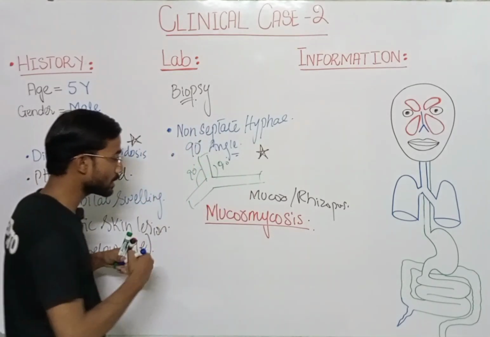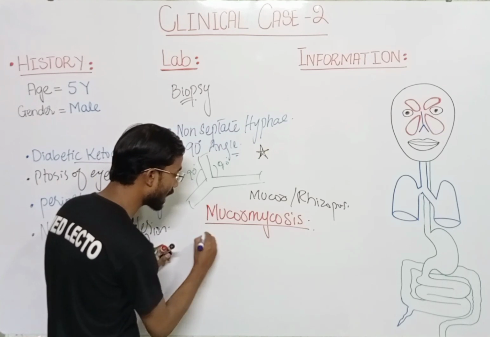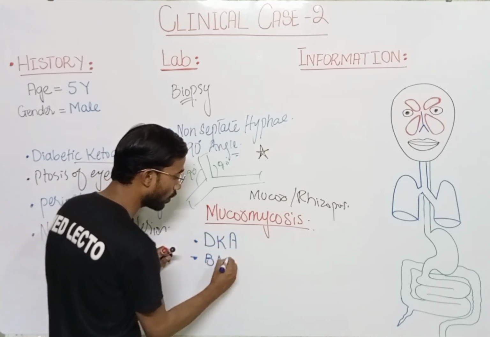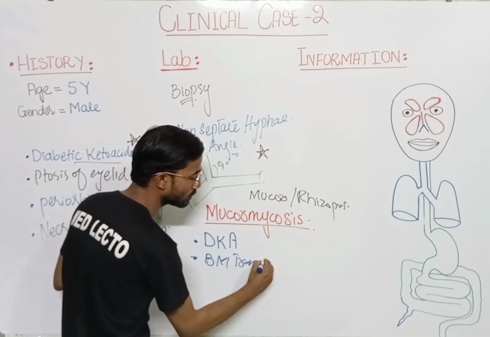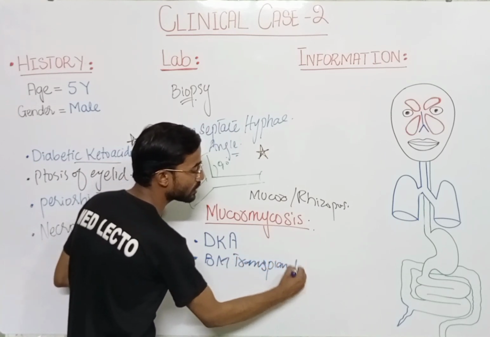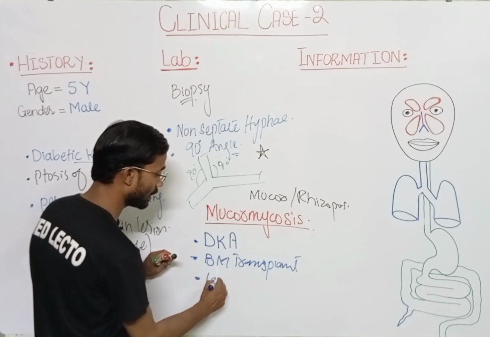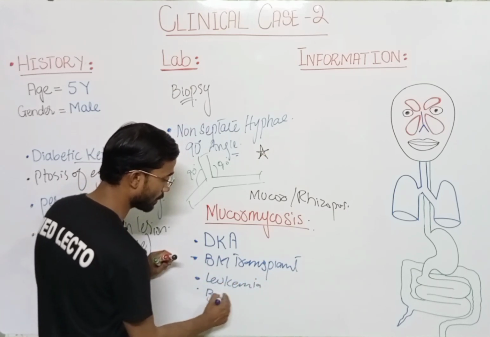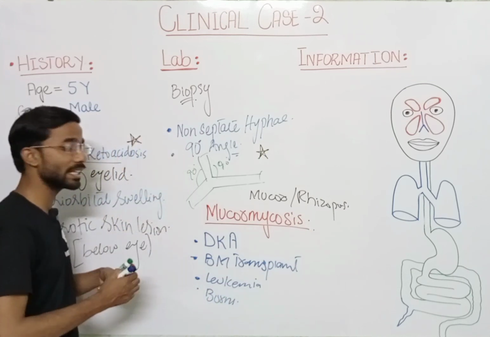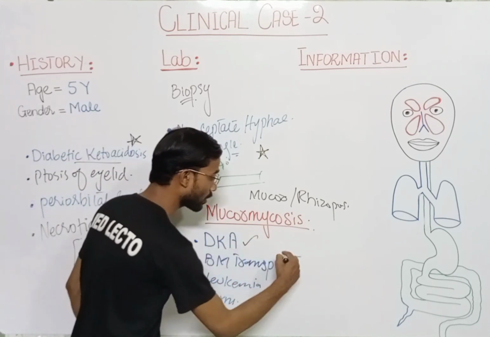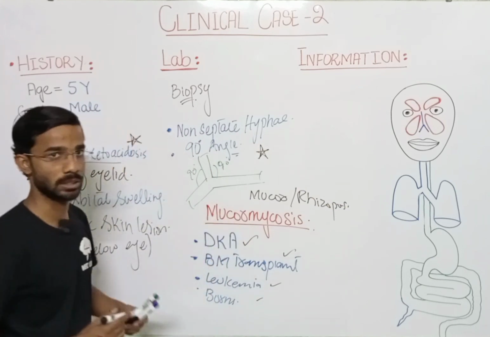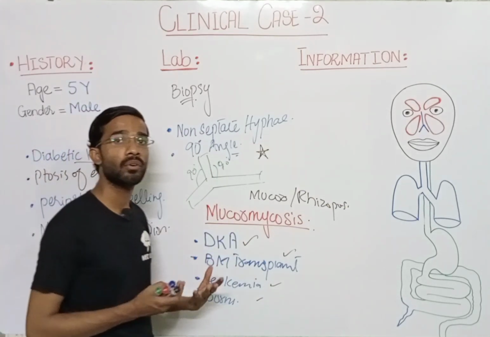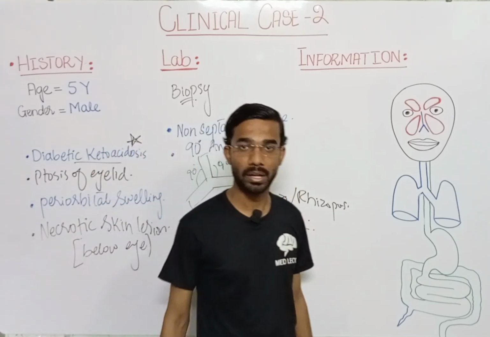So this happens in different situations: when you see diabetic ketoacidosis, bone marrow transplant, and you can also see it in a leukemia patient and a burns patient. So these are basically the four conditions that can cause mucormycosis, because they provide suitable conditions for the attack of the fungus.